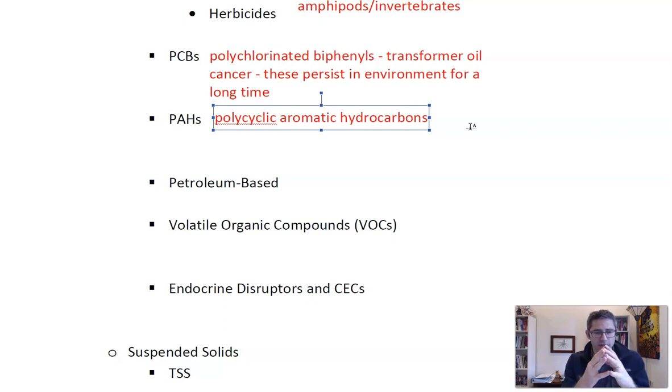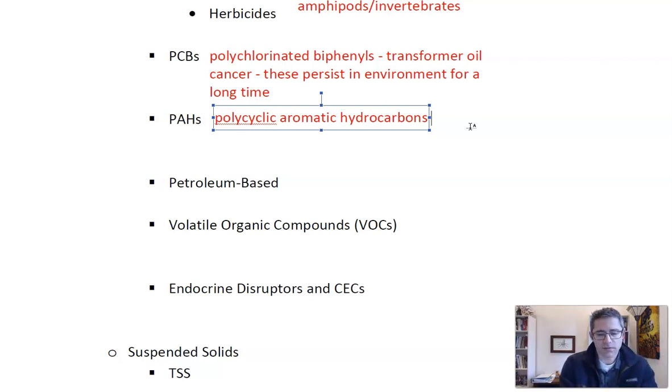So like you've seen hexane, not hexane. Hexane just means 6 carbons in a hydrocarbon chain. I'm talking about benzene, like a benzene ring. Polycyclic aromatic hydrocarbons have multiple benzene rings, and potentially other things attached to them. So pyrene and naphthalene and benzo[a]pyrene, these are all different kinds of polycyclic aromatic hydrocarbons.